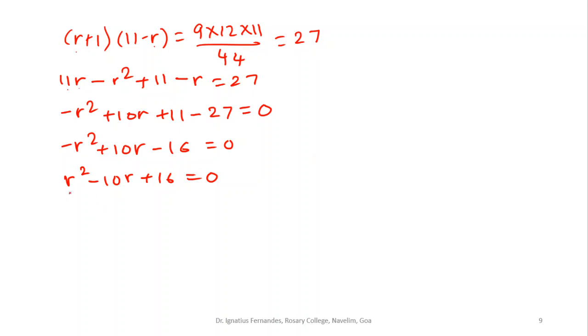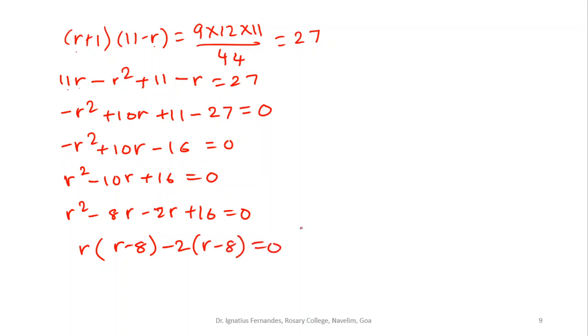So again I have an equation here, a quadratic equation. I'll factorize this. I want the sum as minus 10 and the product as 16. So 8 and 2. So I have R square minus 8R minus 2R plus 16 equal to 0. I'll take R common, so R minus 8, and minus 2 common here, R minus 8 equal to 0.